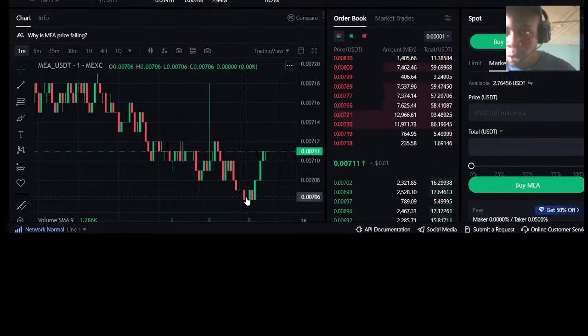So remember we are on micro trading, and micro trading is trading with little amounts, and the essence and the benefit of it is to avoid heavy loss when you are still learning.